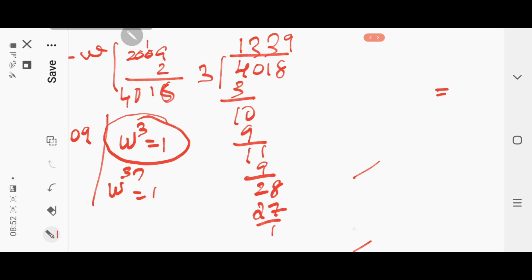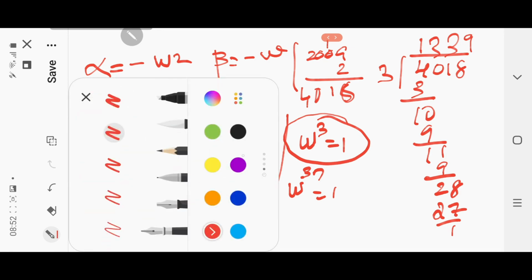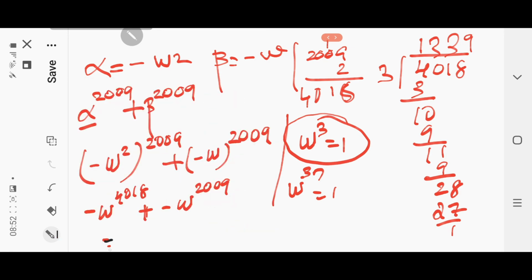What happened here? You can write minus omega raised to 4018 as what is the remainder you got here? 1. That means you can write it as minus omega raised to 1, or just minus omega.